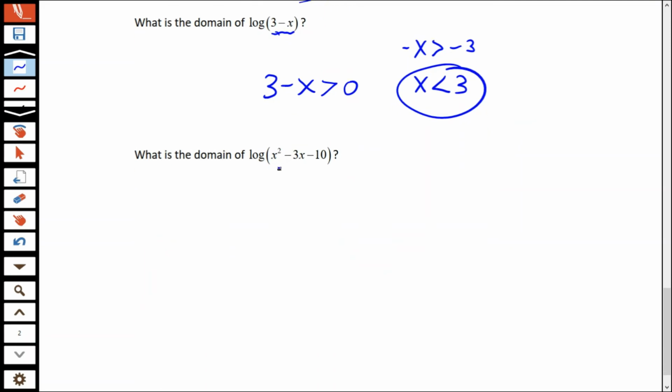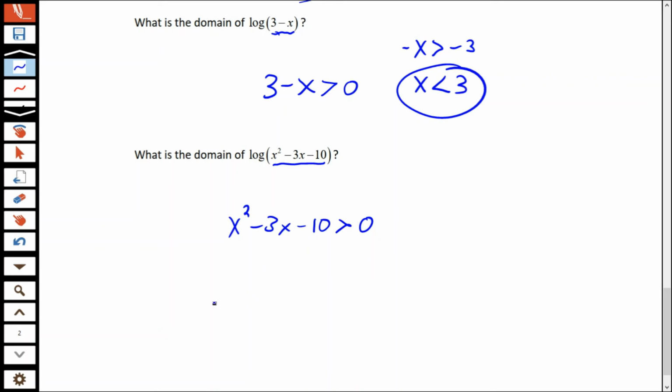When it comes to more complex expressions within the parenthetical, whether that's rational expressions or quadratic expressions, we would say x squared minus 3x minus 10 must be greater than 0, but this is not something we can solve for directly.